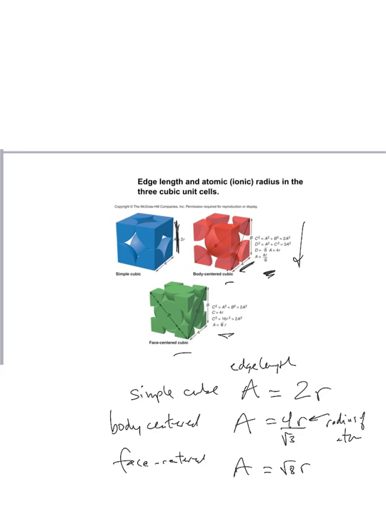I've seen problems in Gen Chem books where they give you the radius and you have to figure out the edge length, or they give you the edge length and you have to figure out the radius. Always remember, though, that the volume of the cube is simply A cubed. So they might even give you that. If they give you the volume of the cube, you want to take the cube root to get A and then solve for R.